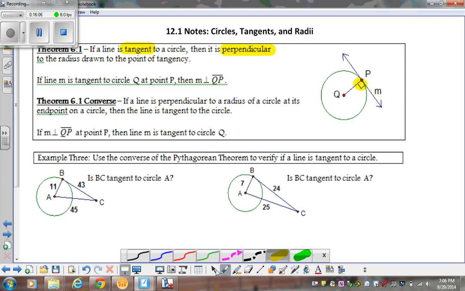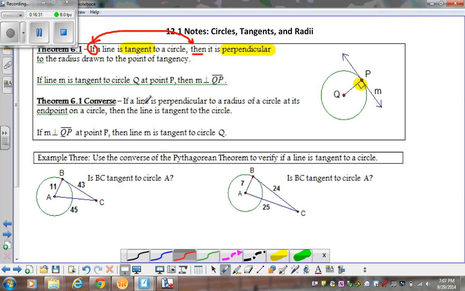Now we can also talk about the converse. If you remember, converse means you're flipping your if-then. If you go back and look up here at my original statement, this is an if-then statement, so converse means I'm taking my if and my then and flipping them. My original theorem said if my line is tangent, then it's perpendicular to my radius.